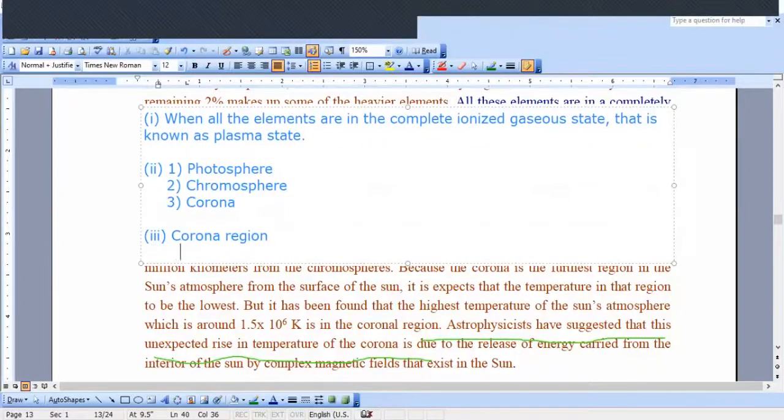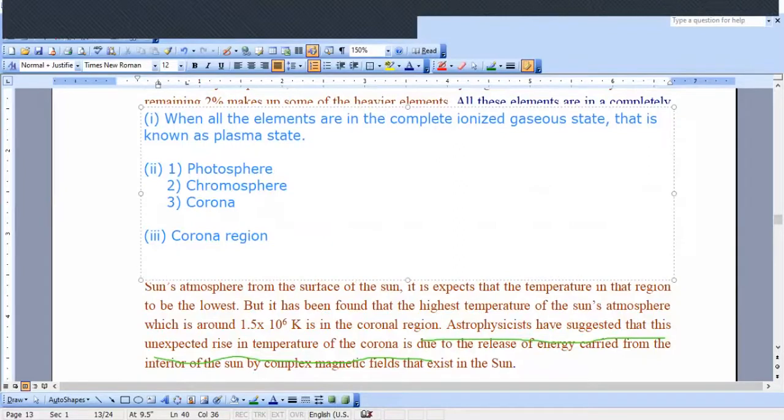So what's the reason there? Scientists have given us the reason. Can you read the reason? Due to the release of energy carried from the interior of the sun. Yes, so that's directly given in the question paragraph, because these things are not in our syllabus. That's why they have given us a paragraph to find the answer.